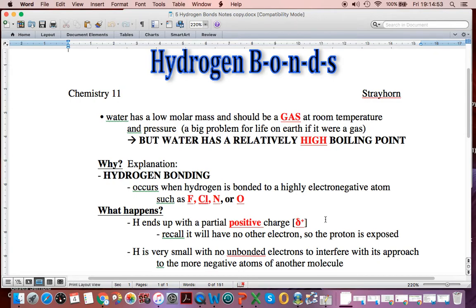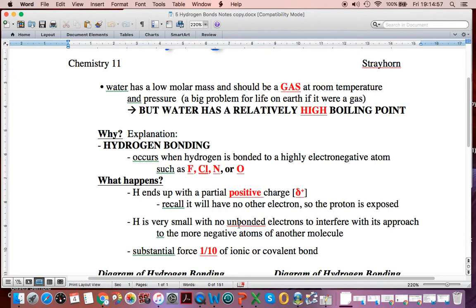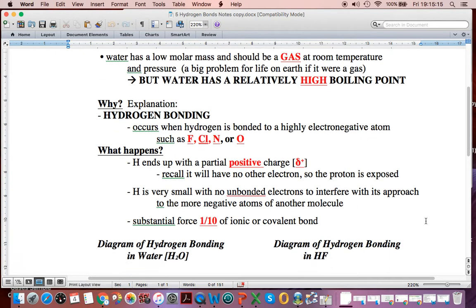So if it's delta positive, then the other end is going to be delta negative. And this is what it's talking about. It's very small, has no other unbonded electrons to interfere, no inner shells of electrons. The nucleus gets exposed and the proton gets exposed. That's what we're talking about. And this is an important force. It's roughly 1/10 the size of an ionic or covalent bond.